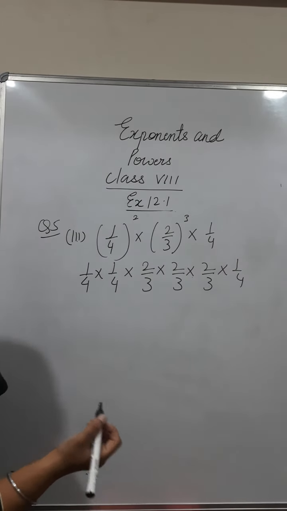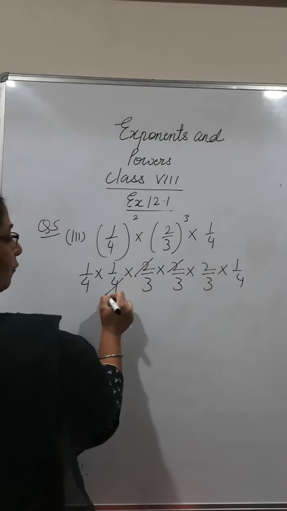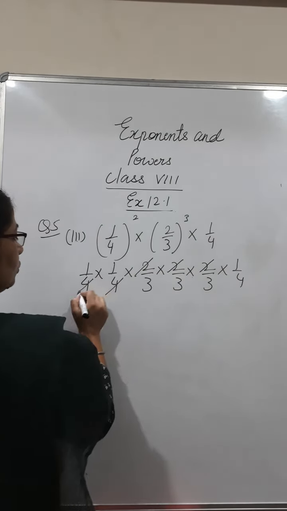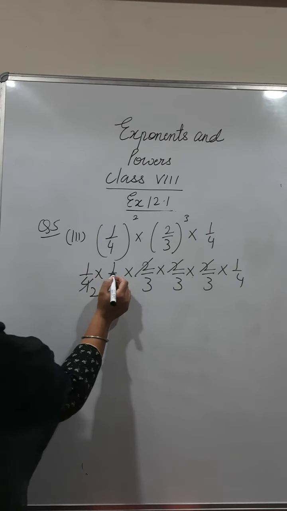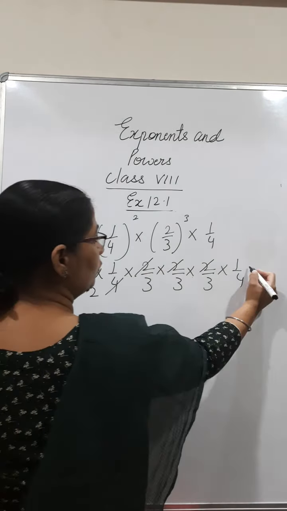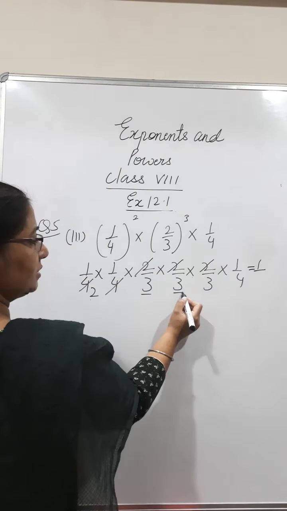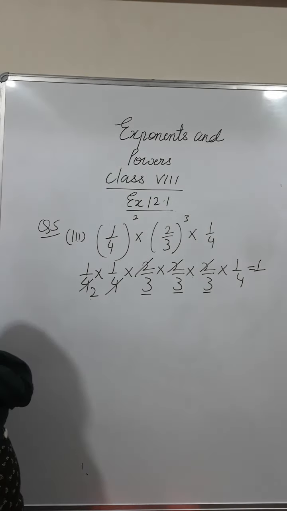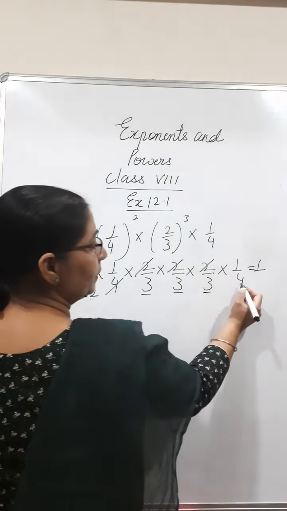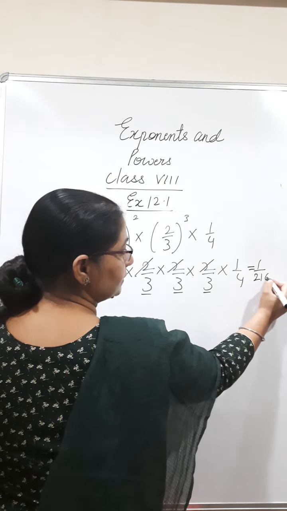Now you can do the cutting as much as it is possible. So 2 2s are 4. 2 2s are 4. So you can see no more cutting is possible. 1 into 1 into 1, that is equal to what, beta? 1. 2 into 3, 6 3s are 18. 18 into 3, 18 3s are 54, and 54 multiplied by 4, that is equal to 216.